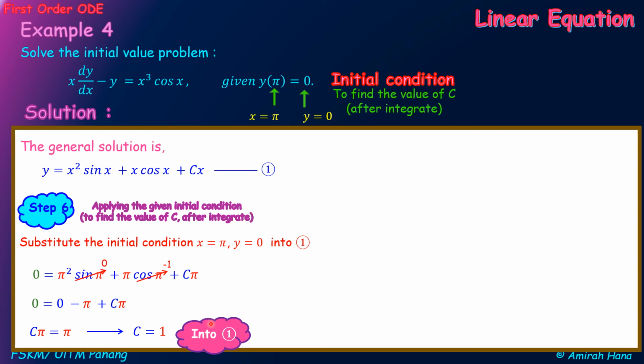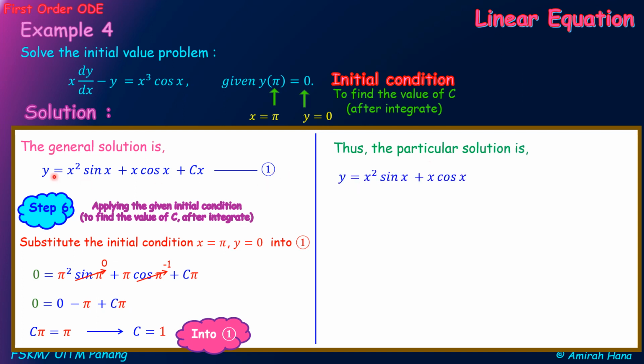Then, we need to substitute the value of c into equation 1. So, after we substitute, the particular solution is y equals x squared sin x plus x cos x plus, we replace c equals 1. So x plus 1 times x equals x. So this is the final answer.